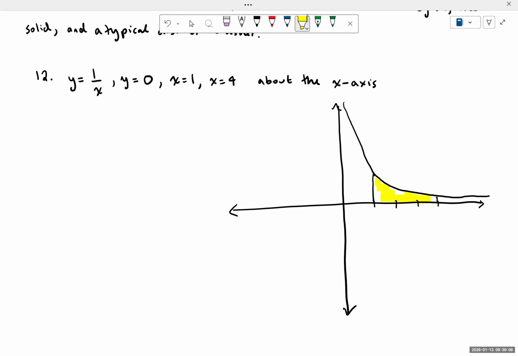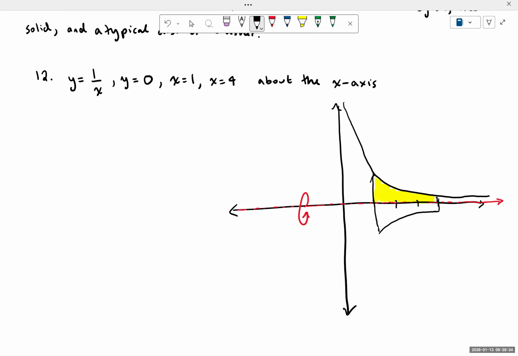What we're going to do is revolve this region about the X-axis. So I'm going to put the axis in red, and I'm revolving it this way. Now the more difficult thing maybe is to draw this in a reasonable way and to picture it in your mind, but this is going to look something like this.